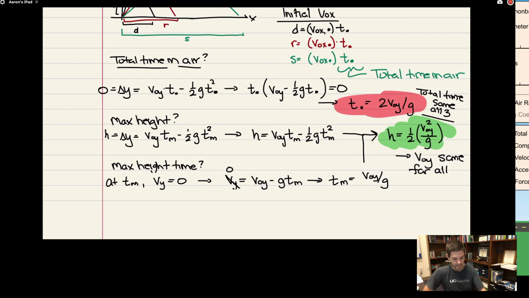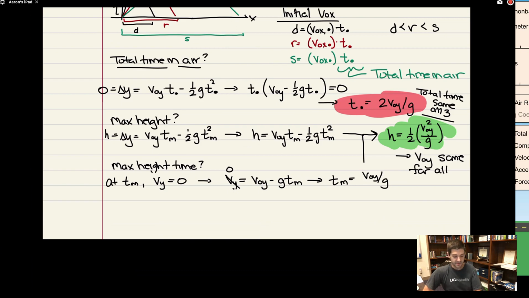And then if we scroll back up to when we looked at the initial velocity, now I'm saying all those different times, all those t's, even though I wrote them in different colors, are actually the same. But d, r, and s are not the same. There's an inequality there. Remember we said d was less than r is less than s.